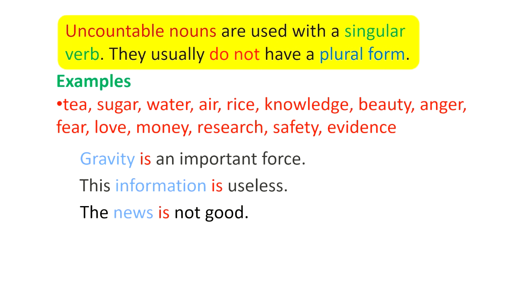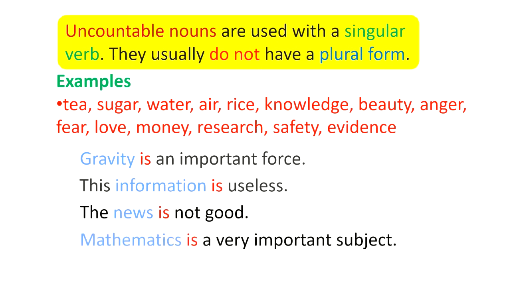In the same manner, the news is not good. Mathematics is a very important subject. Here you can see all the blue colored words are uncountable nouns, so only a singular verb will be used with them.